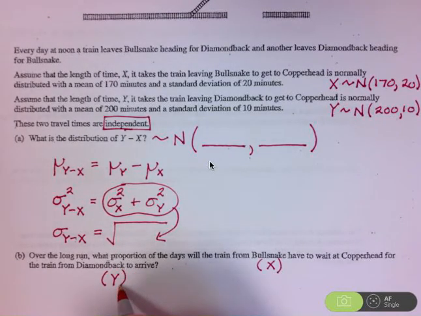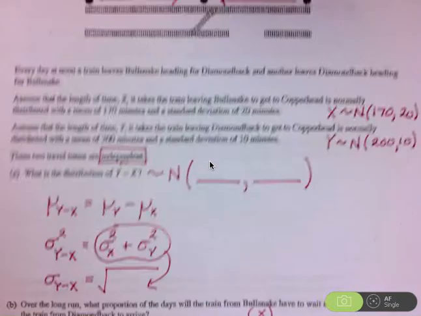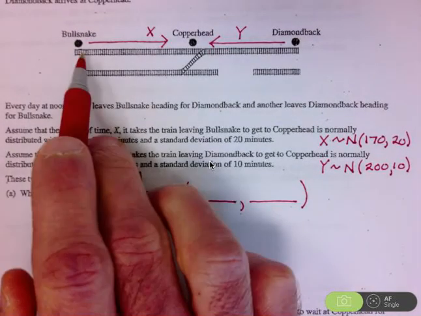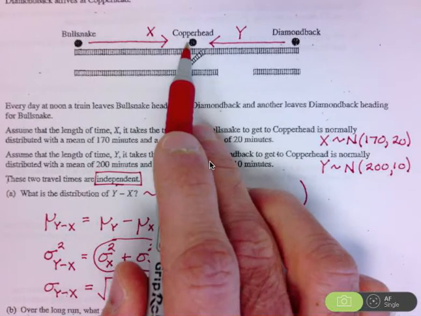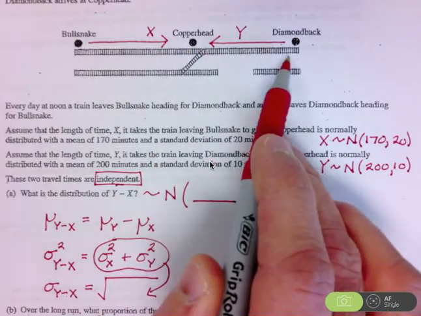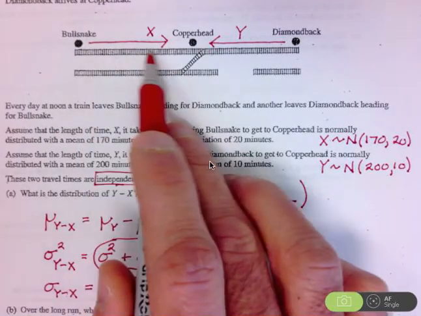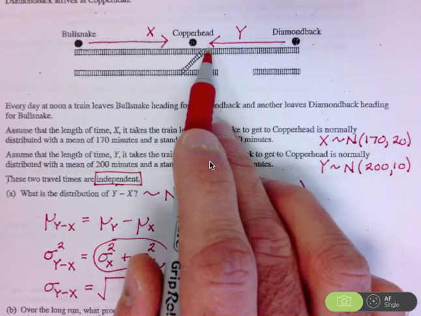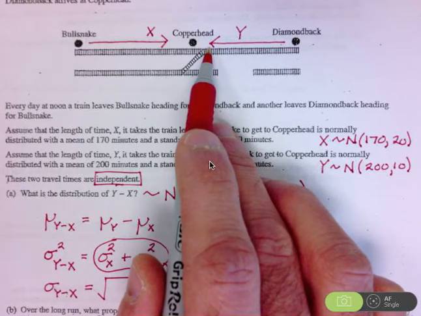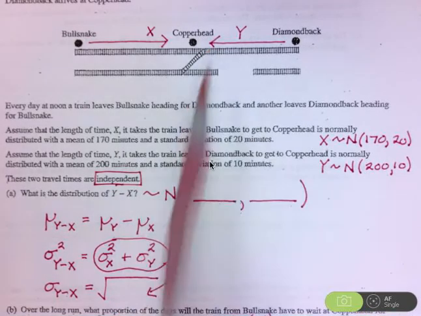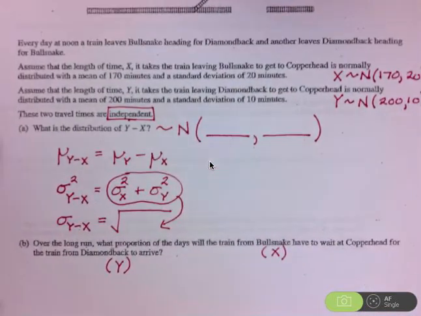That is train Y. So understand in a practical way what's going on. If X gets there too soon, it's going to have to stop in order to wait for Y to get there and pass. So if X gets there before Y, that's the proportion of the time we want to find. What proportion of the time will X get there before Y?